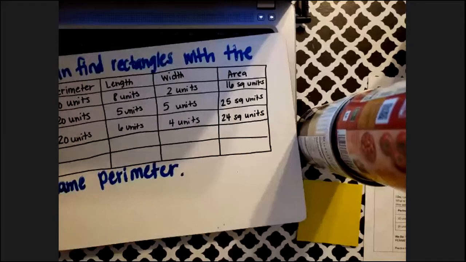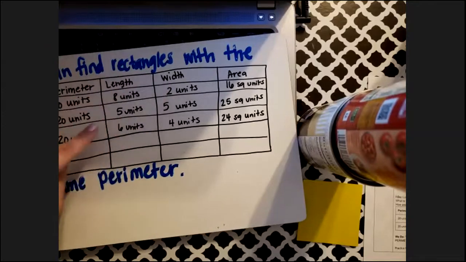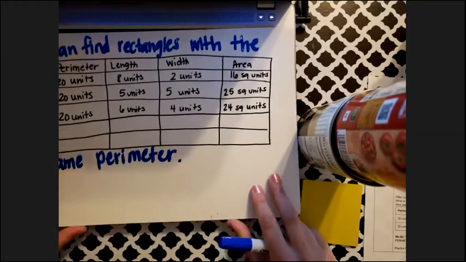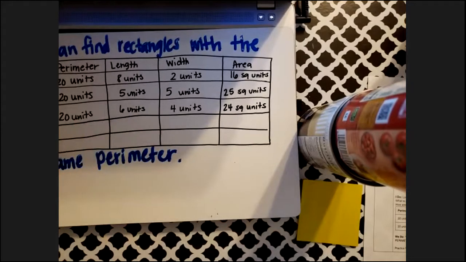So let's go back to this. We have 8 plus 2 equals 10. 5 plus 5 equals 10. 6 plus 4 equals 10. What are 2 other ways that you can add numbers together to get 10?